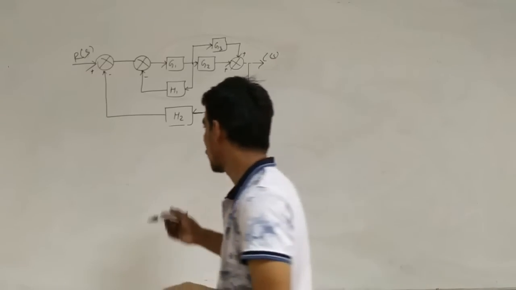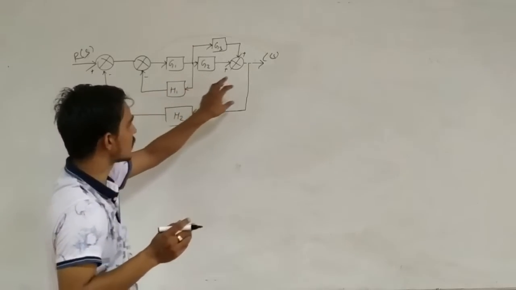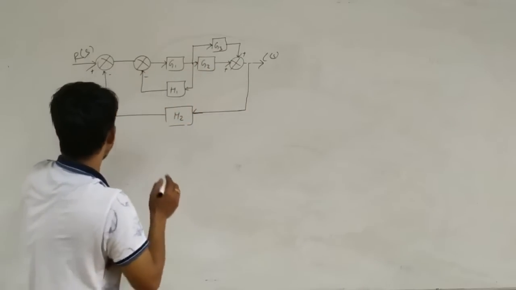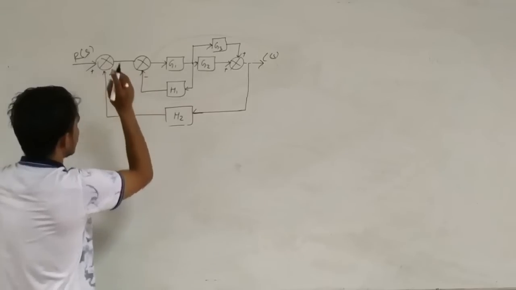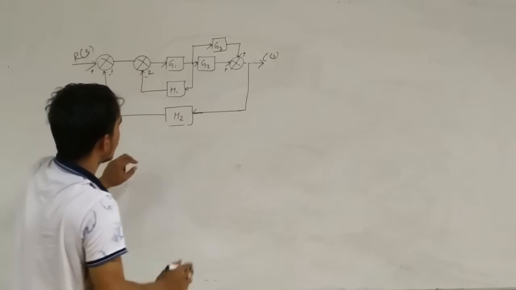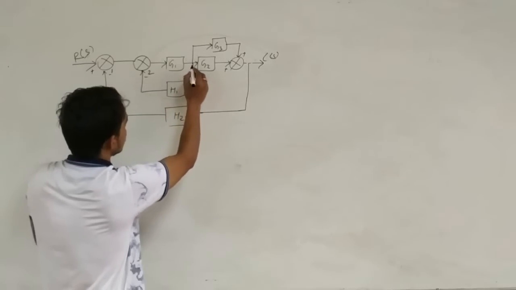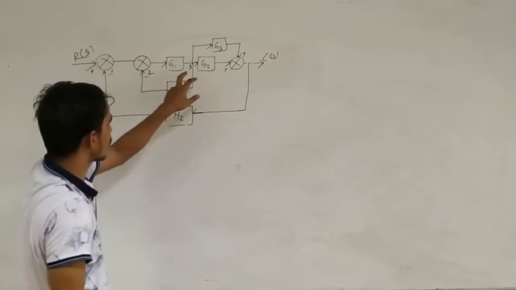So here we will convert. First of all, we'll make the numbering here. Here is one summing point, so this can be considered as a node, and this can be considered as a second node. And this is a take-off point, so this can be considered node number 3, suppose.